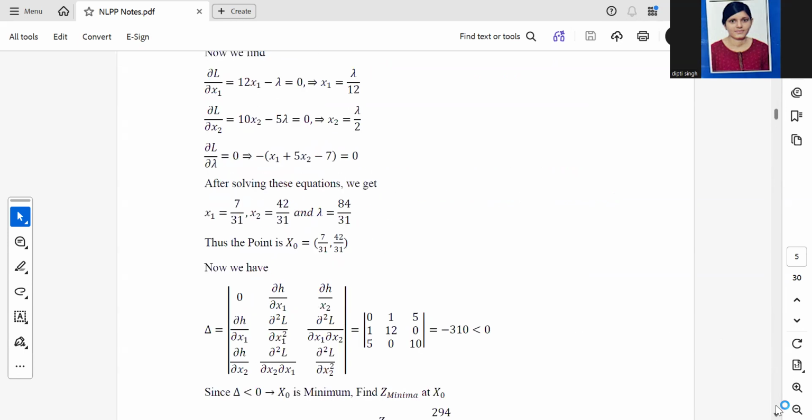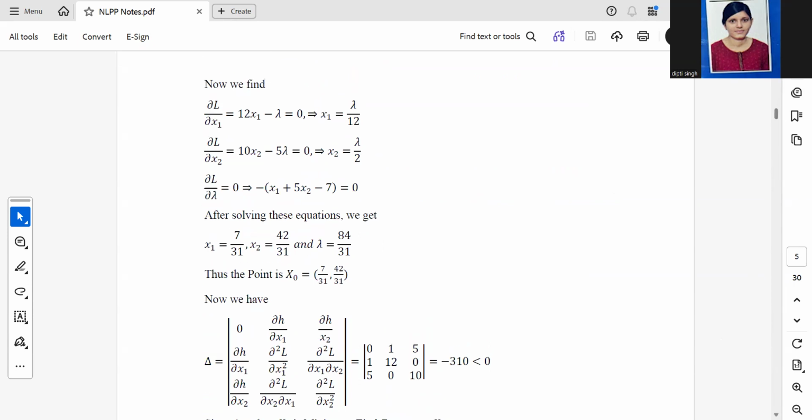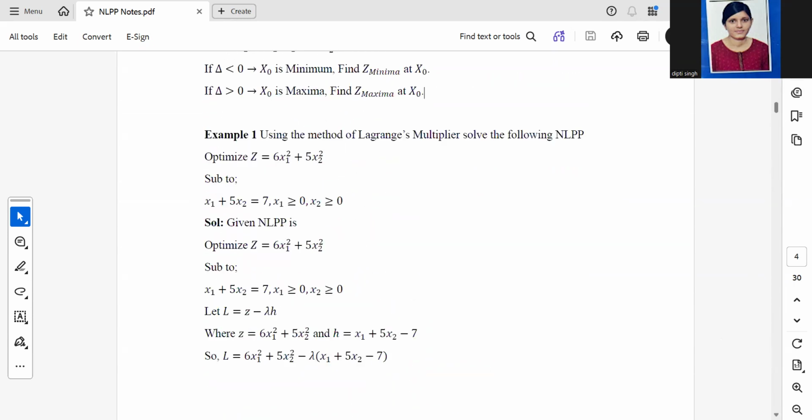Now we move to one question related to this. Using the method of Lagrangian multiplier, solve the following nonlinear programming problem. Optimize z equals 6 times x1 square plus 5 times x2 square, subject to x1 plus 5x2 equal to 7, and these are the non-negative conditions.